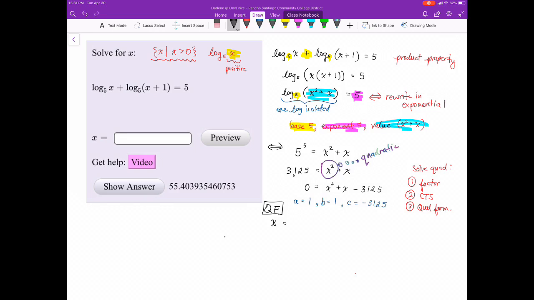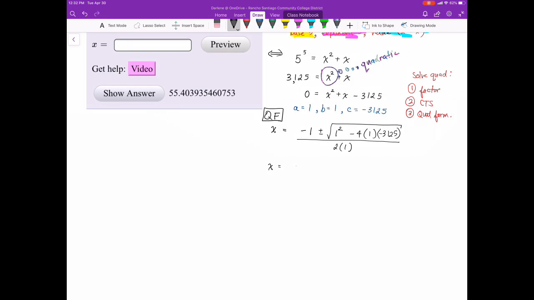So x here will equal negative b plus or minus the square root of b squared minus 4 times a times c, all over 2 times a. So this ends up becoming x equals negative 1 plus or minus the square root of 1 squared minus 4 times 1 times negative 3,125, over 2 times 1.